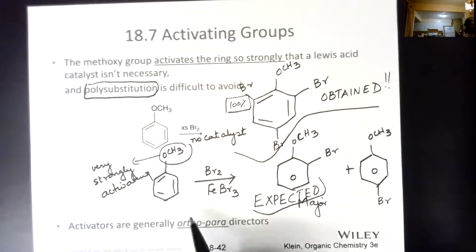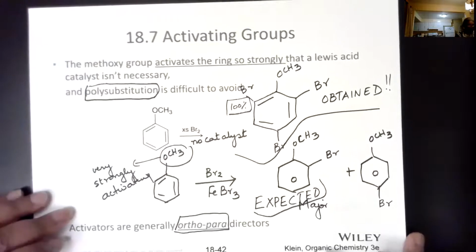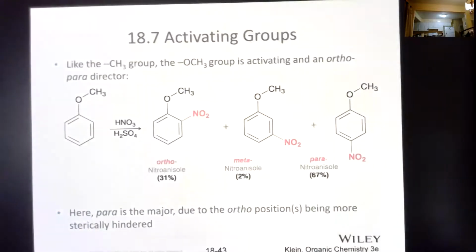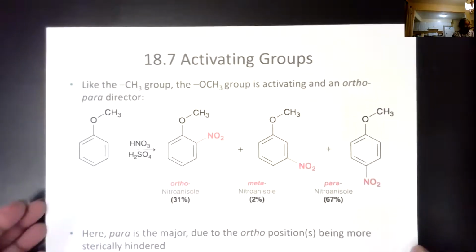But activators in general are what? Ortho, para directing. So that's an exception. With bromination, that could be an exception where the reaction takes place very fast.